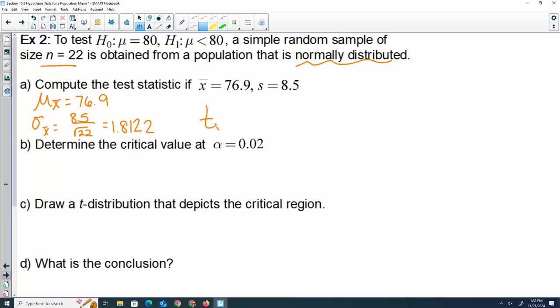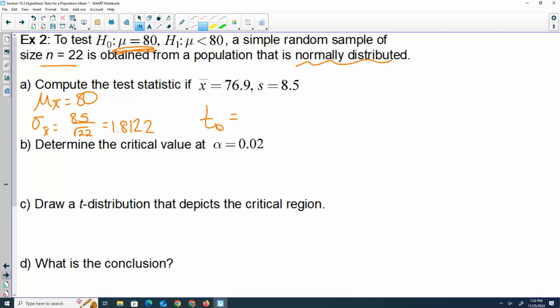So the t statistic, the t that matches our null hypothesis, is our value minus the mean, divided by the standard deviation. Oh, I did write down the wrong thing for our mean, didn't I? It was 80. I didn't look back, sorry, the 76.9 is our sample. We're looking at the mean for our population.